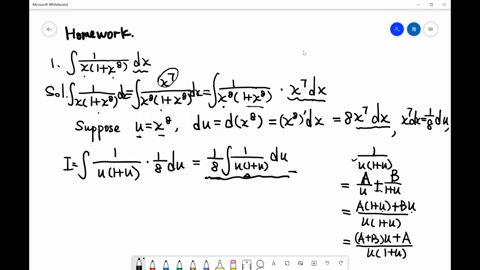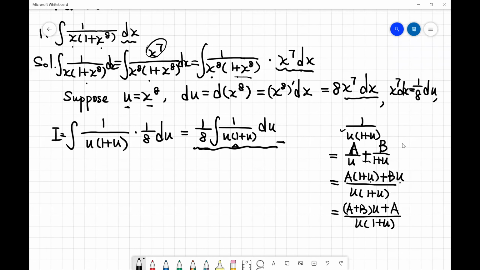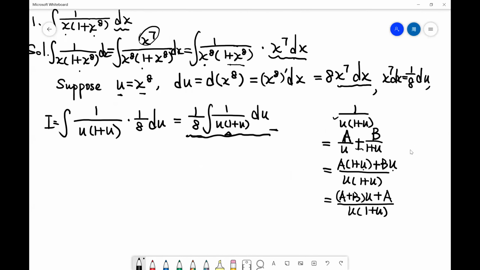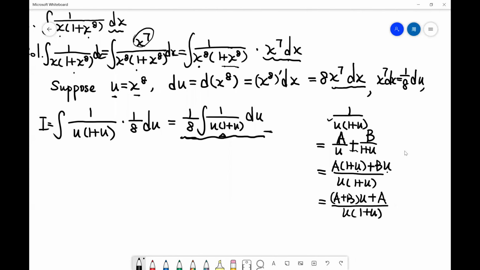And then plus a here. So for this part, you can see that if we want these two parts here and here to be equivalent, the numerator should be 1, right?